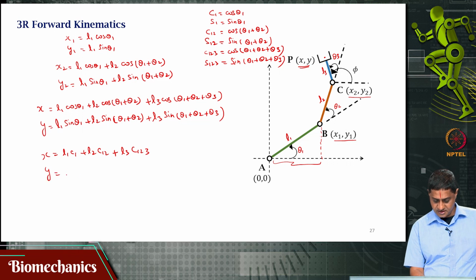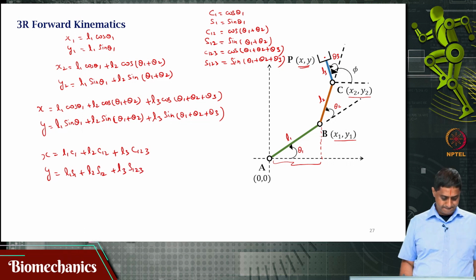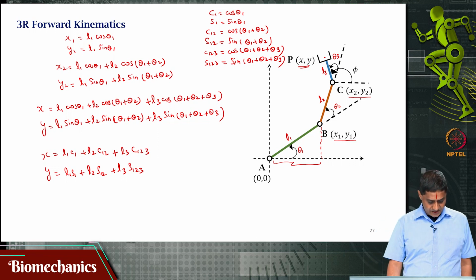Y is L1 S1 plus L2 S12 plus L3 S123. Okay. This is the coordinates of the endpoint P using forward kinematics. This is essentially a relatively simple extension of what we did in the 2R case. This is not very complicated.